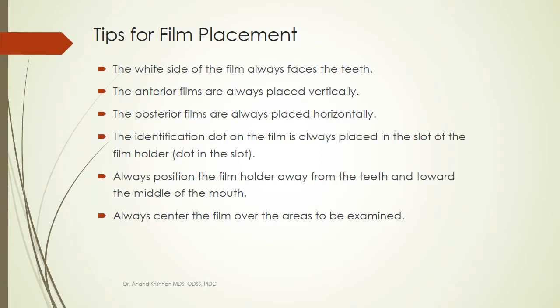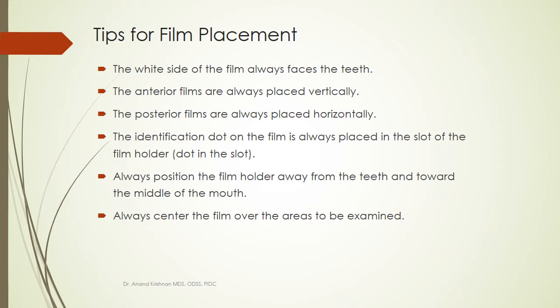For imaging anterior teeth, the films are always placed vertically. Why? Because the roots of the upper and lower anterior teeth tend to be longer. That is, the dimension of the tooth tends to be longer; they are narrower by width and longer by length.